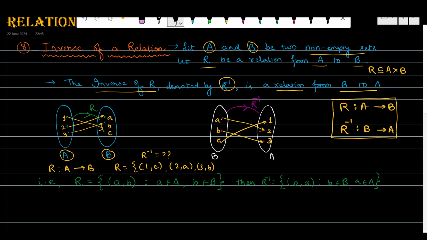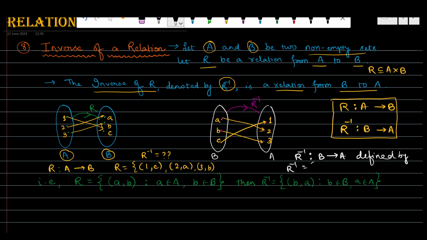Therefore, we can write R inverse is a relation from set B to A defined by R inverse equals to: this A maps to 2, so A comma 2, this B maps to 3, B comma 3, and this C maps to 1, C comma 1.